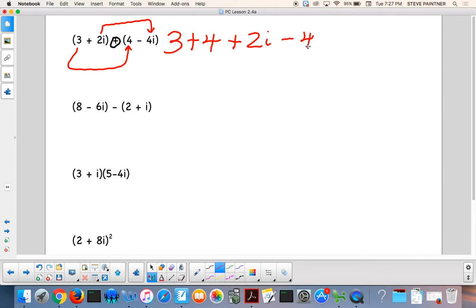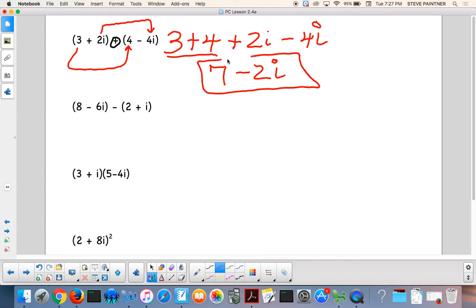I'm just going to drop the parentheses. Here, this makes 7. This makes negative 2i. You're done. This is your answer in what form? Standard form. Okay, this is how you always write it, standard form. Complex numbers are written in standard form.